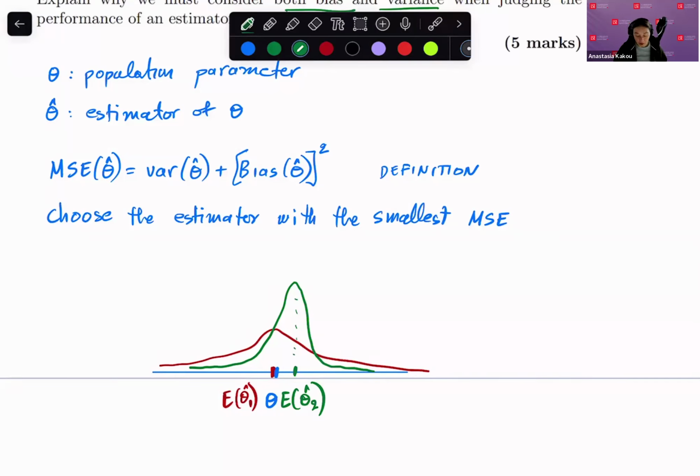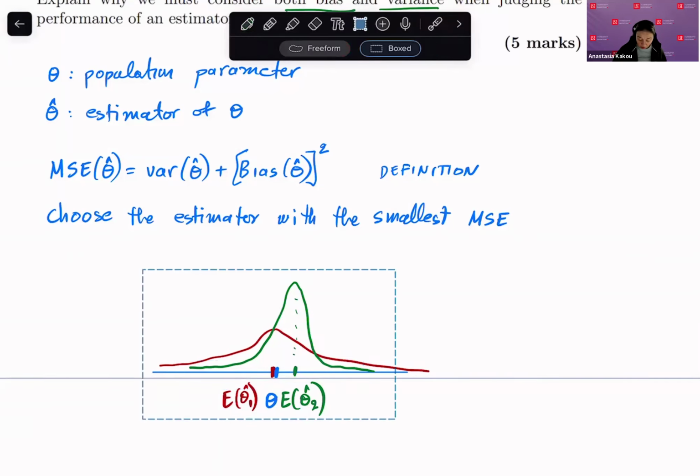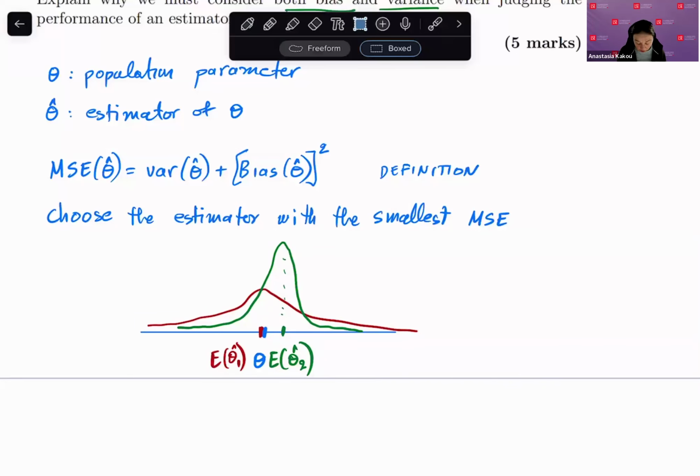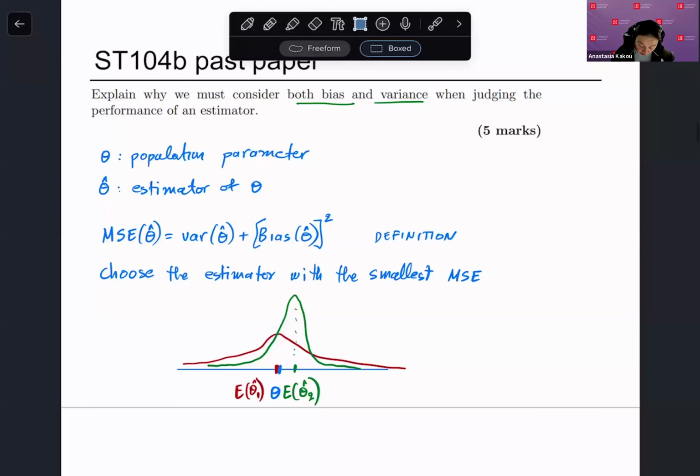So in this example, you have one unbiased estimator with very big variance and one biased estimator with much smaller variance. Looking at both the bias and the variance of an estimator gives us a better understanding of the property of each one, and then we can decide which one has the smallest mean square error and choose that.